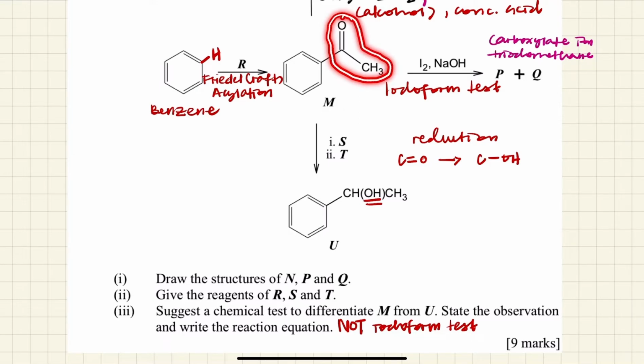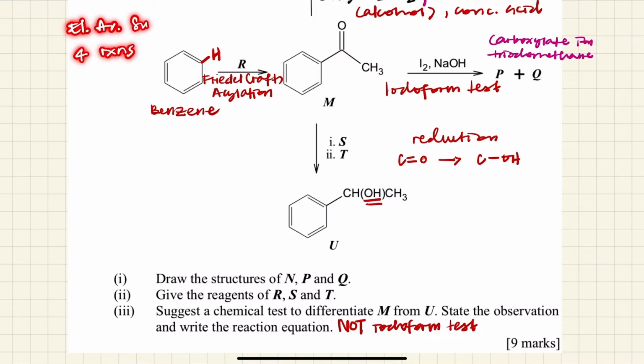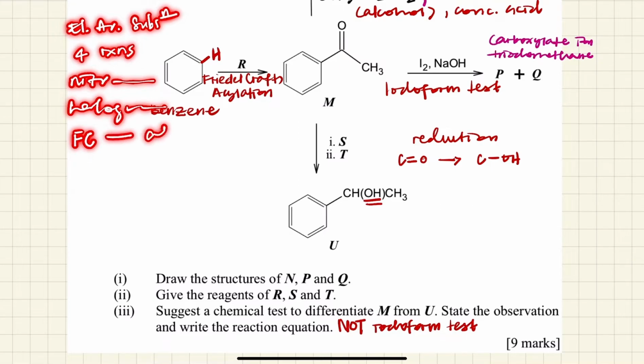So what reactions does your benzene ring undergo? There are 4 reactions for electrophilic aromatic substitution: nitration, halogenation, and then 2 types of Friedel-Crafts, which are alkylation and acylation.